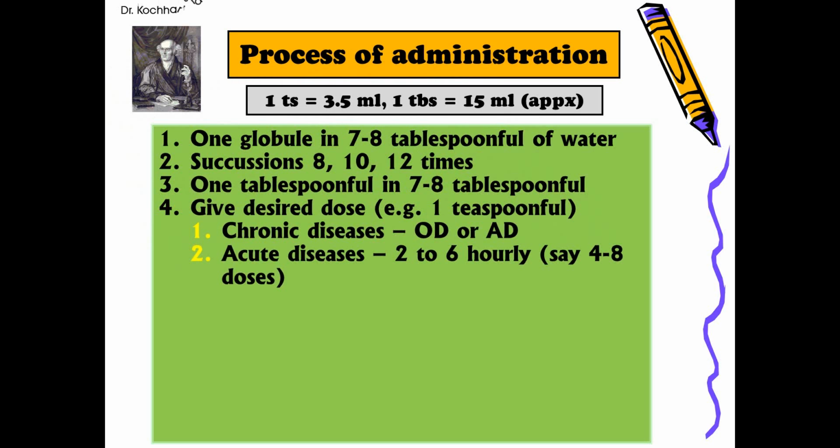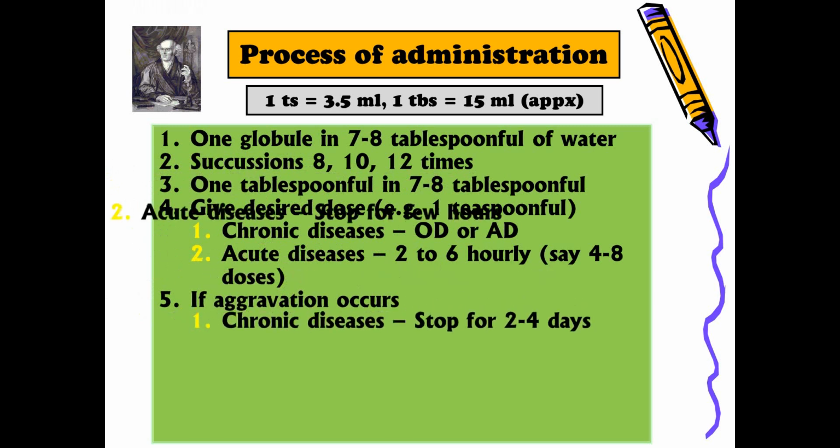Whether it is a very deep acting medicine, Nosode also, that can be given daily, that should be given daily, because the action becomes mild because of this potency. And in acute diseases, you can give 2 to 6 hourly. That is nearly 4 to 8 doses in a day, depending on the condition of the sickness, that is the type of the acute disease.